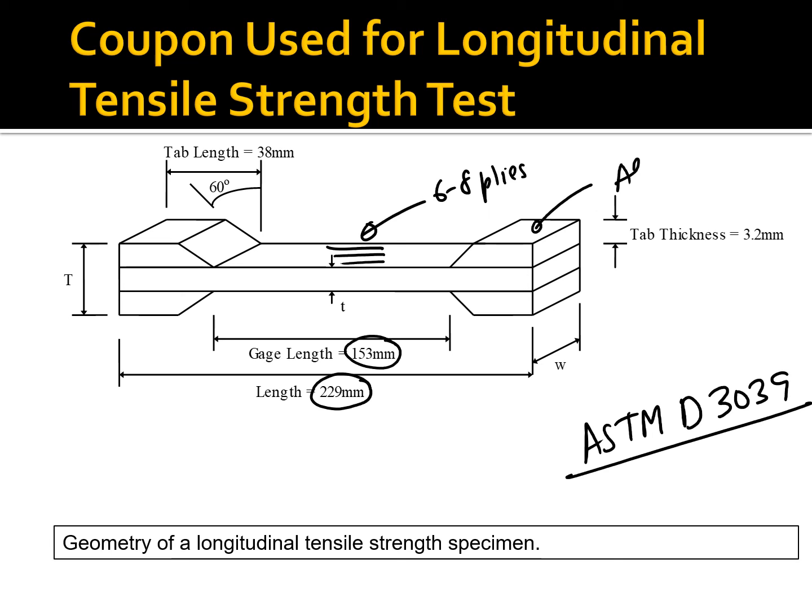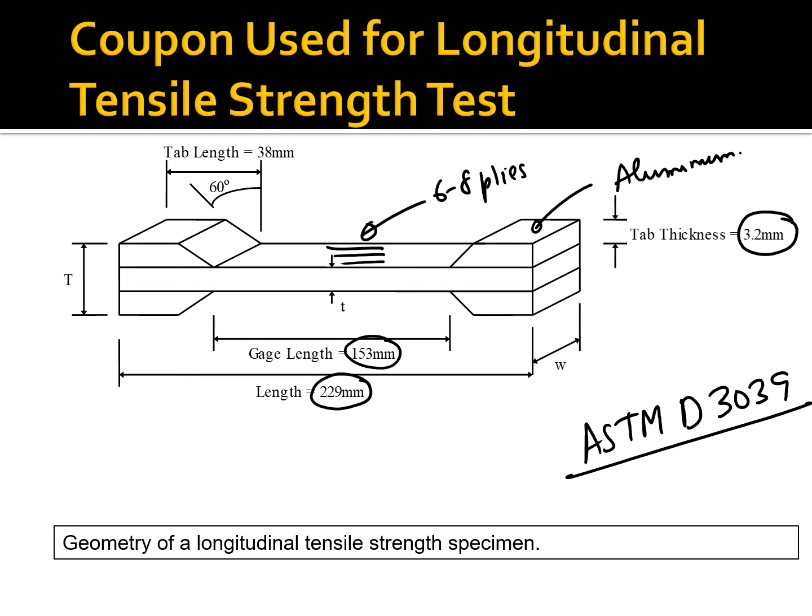These are aluminum tabs. And the reason why you do that is because you don't want to crush the polymer matrix coupon here. So you put aluminum here so that once it is gripped in a vise, it stays uncrushed. The tab thickness is about 3 millimeters or so.